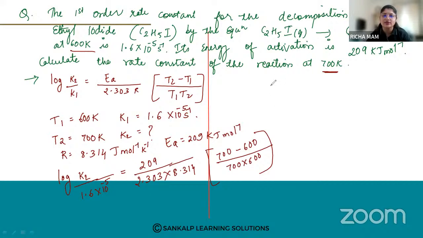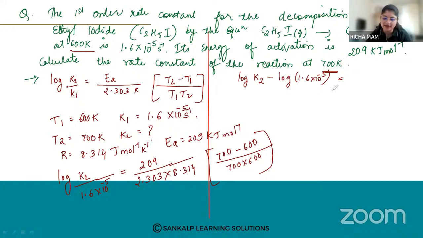So your log of K2 divided by 1.6 into 10 raised to minus 5, I can write it as log of K2 minus log of 1.6 into 10 raised to minus 5, is equals to this. So 209 divided by 2.303 into 8.314.